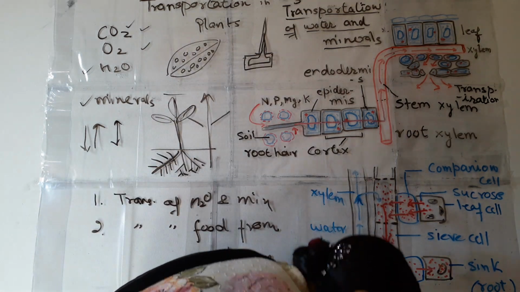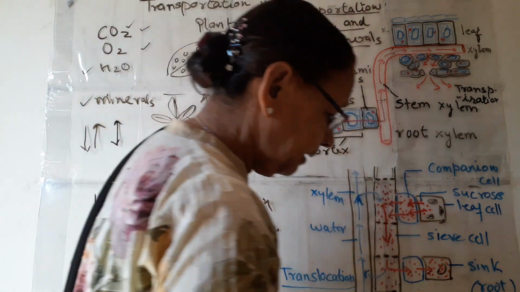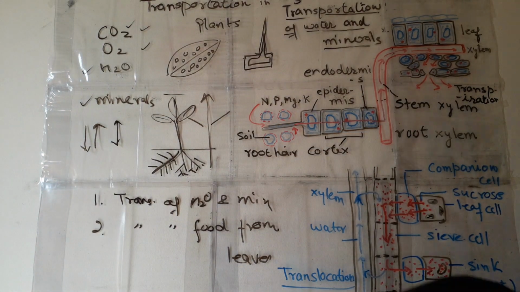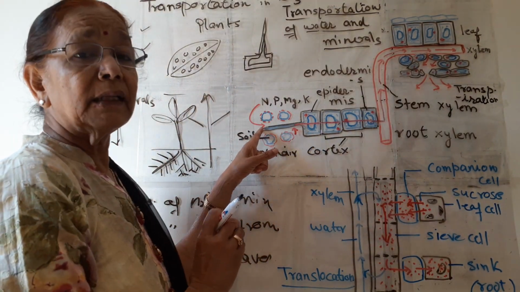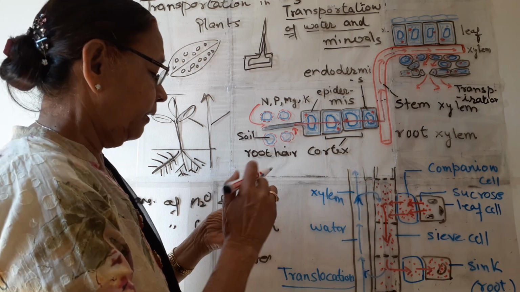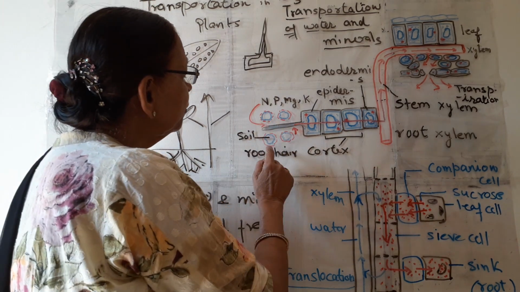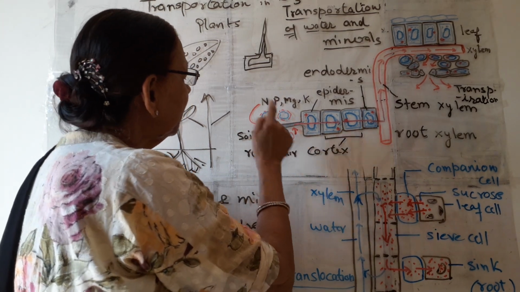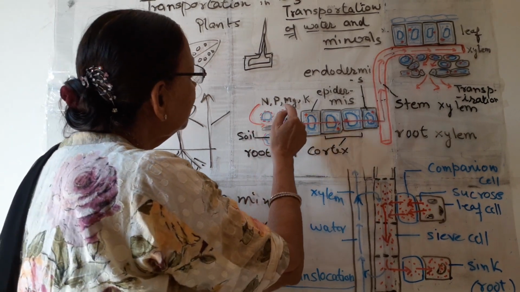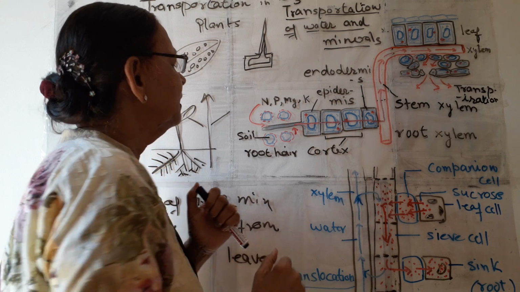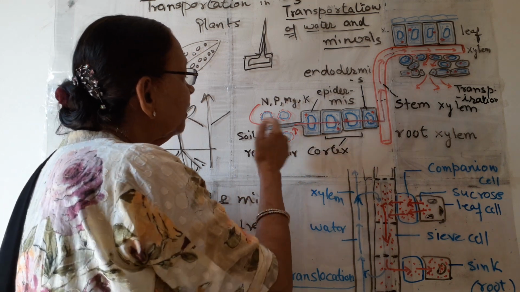So this is the epidermal cell and it extends in the form of a root hair. Near these root hairs, these are clay particles or soil particles, and the red line around the particles is the water layer.